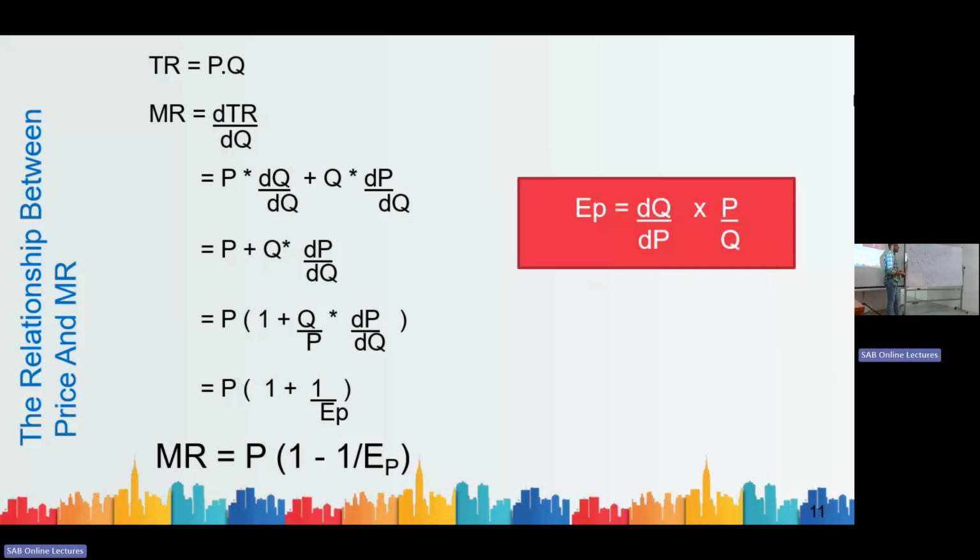So what is the conclusion? When demand is price elastic, marginal revenue is positive. So where is the demand price elastic? Over this range. Demand is price elastic over this range. So over this entire range, marginal revenue will be positive.